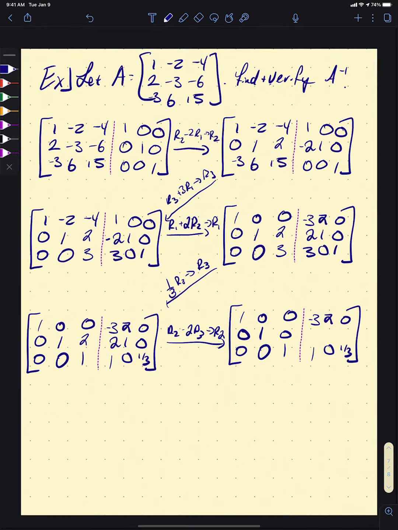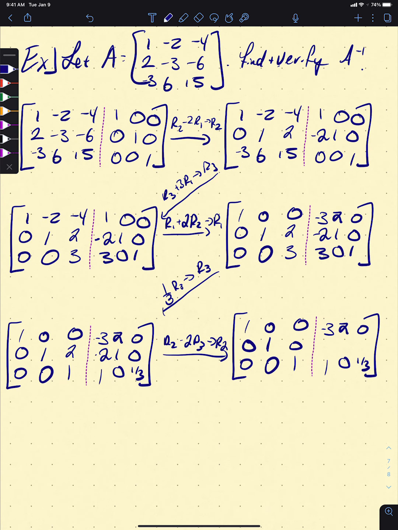Forgot to carry through my negatives here. So that should be a -2, and that should be a -2. So we're going to have -2 minus 2 for -4, okay? And then we're going to have, it looks like, 1 minus 0 for 1. And then we're going to have 0 minus 2/3 for -2/3, okay?